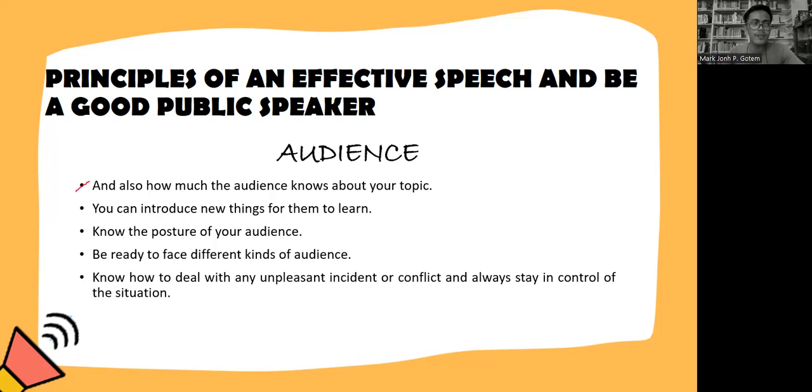So first, also how much the audience knows about your topic so that you can prevent misunderstanding and miscommunication. Second, you can introduce new things for them to learn. If you are the second speaker, you can introduce new things for them to learn because they trust you, they believe in you to share something new for them to learn.